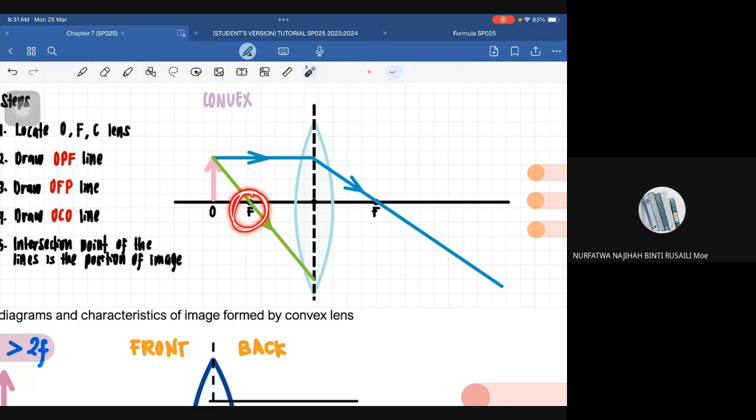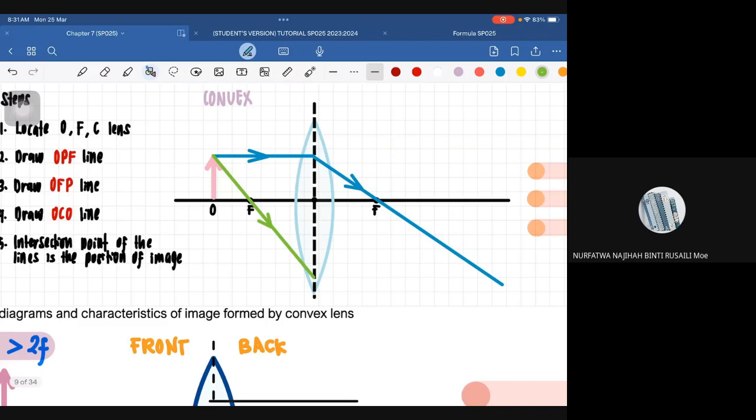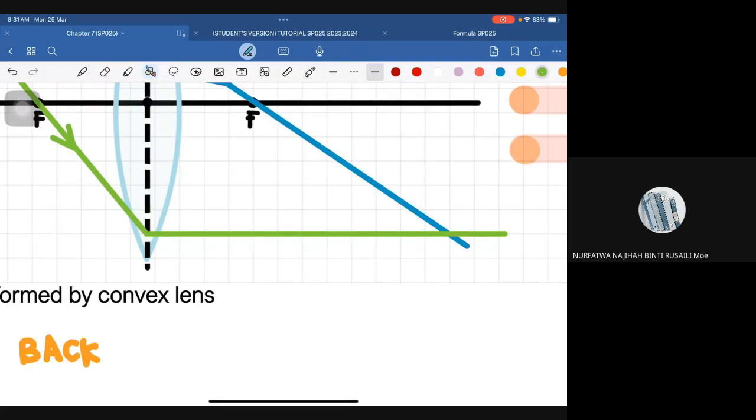So na. Lepas tu barulah dia akan converge parallel to the principal axis. Macam ni. Okay, so dia macam ni lah.